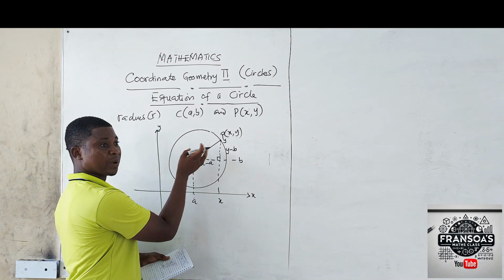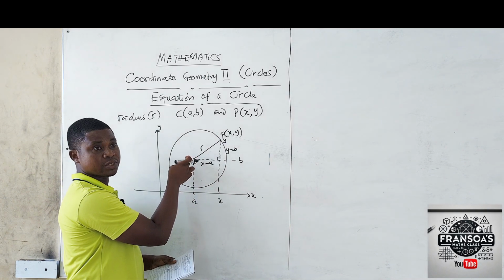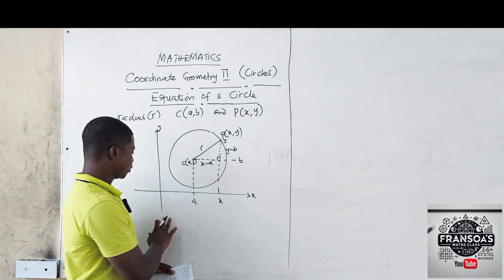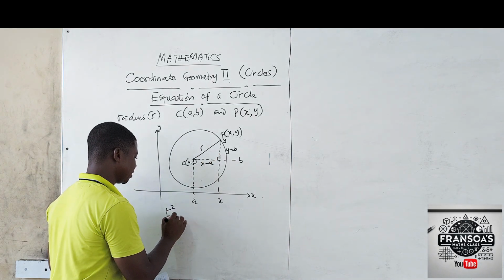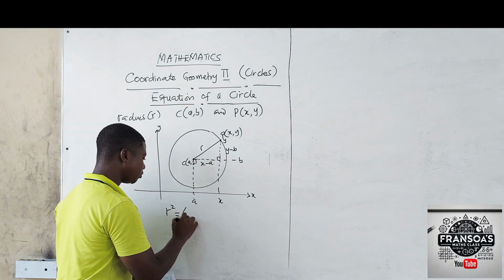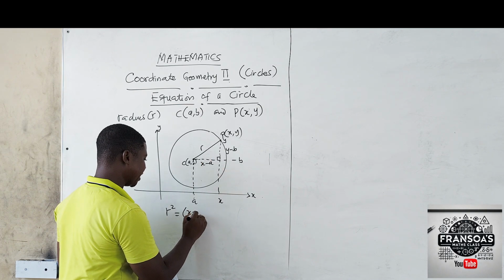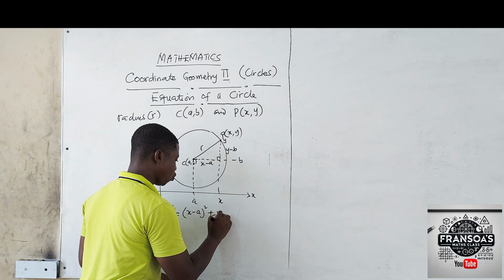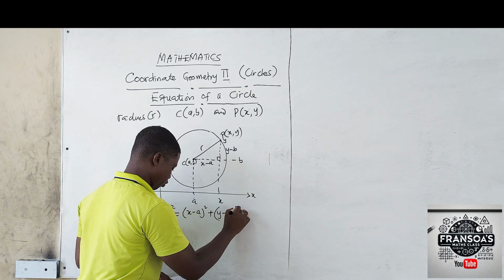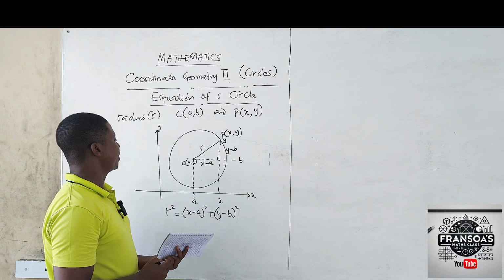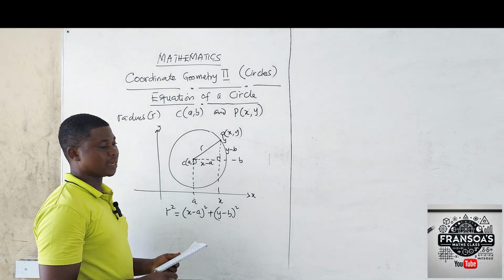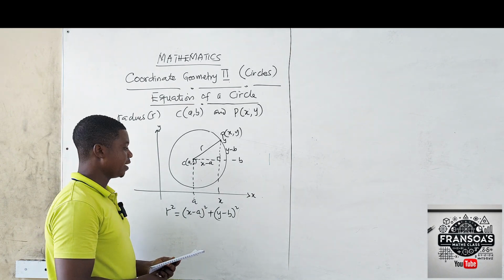The Pythagoras theorem gives the square of the hypotenuse is equal to the sum of the squares of the other two sides. So it means r squared is equal to (x minus a) squared plus (y minus b) squared. And this gives you the formula for the equation of a circle with center (a, b).